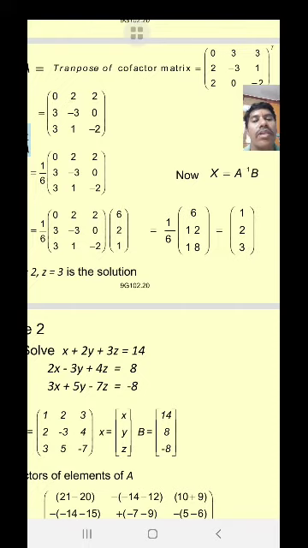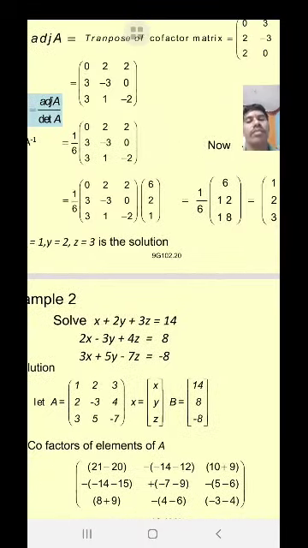Now finally we have to find x, y, z. So X equals A inverse into B. A inverse we know, that is 1 by 6 into the matrix 0 2 2, 3 minus 3 0, 3 1 minus 2, and into B. The B matrix we took at the beginning, that is 6 2 1.